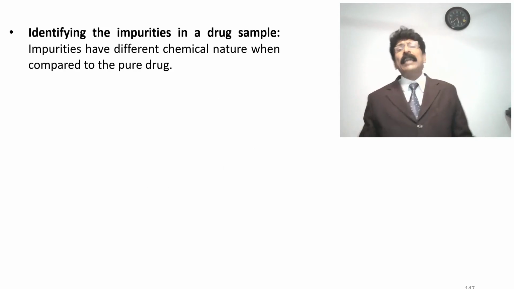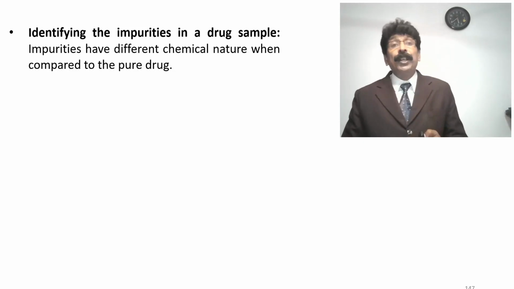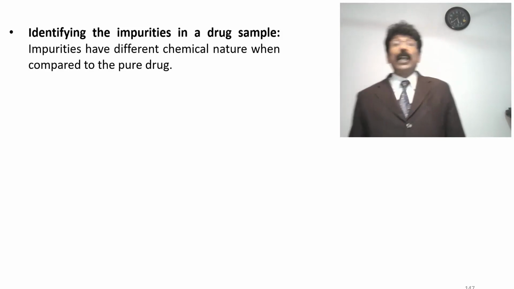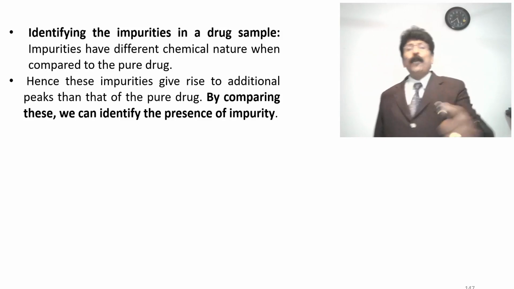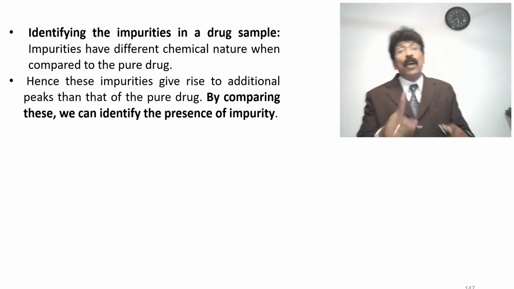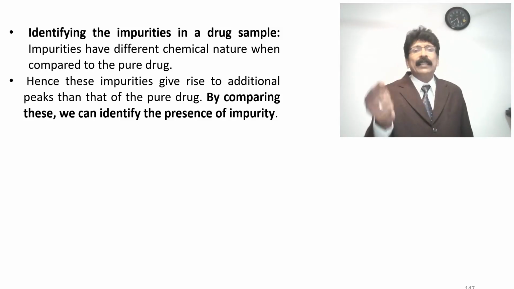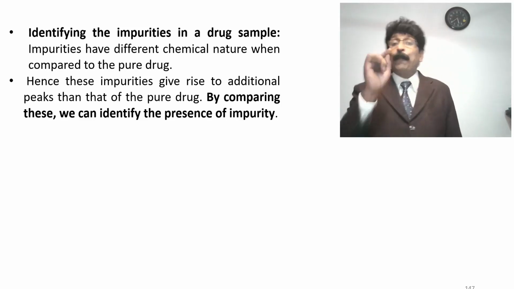Number 3, identifying impurities in a drug sample. Impurities have a different chemical nature when compared to a pure drug. Hence, these impurities give rise to additional peaks compared to the pure drug. By comparing these, we can identify the presence of impurity.